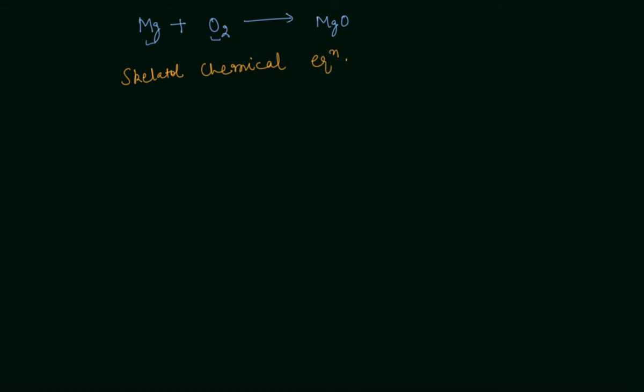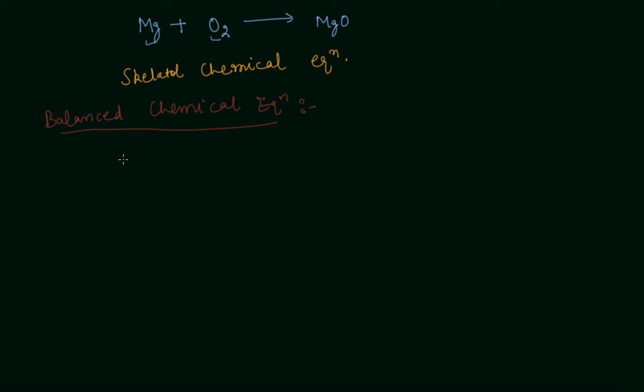Now we will discuss a balanced chemical equation. A balanced chemical equation is an equation in which the mass of the atoms on both sides of the equation is the same. Now let us take the example of a displacement reaction which we have studied in class 8th also.